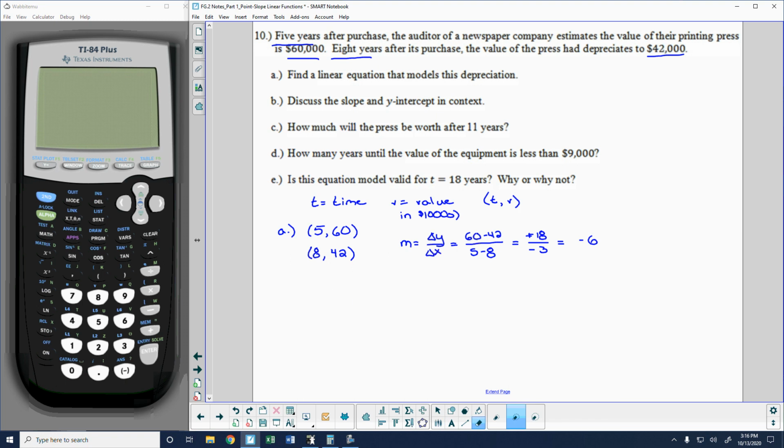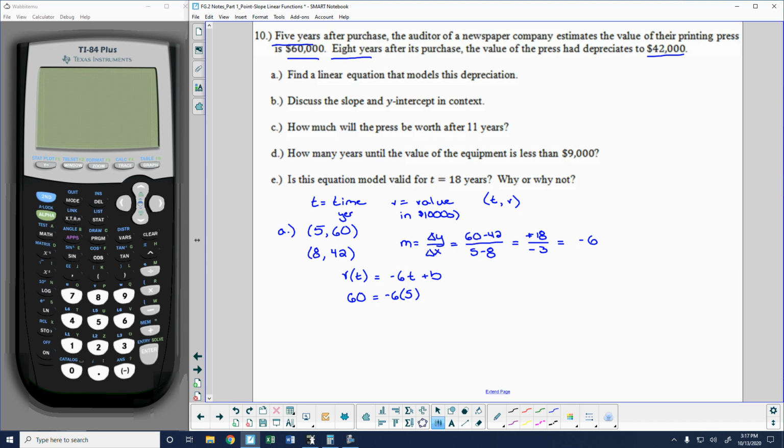Which means if I put this into slope-intercept form, let me go ahead and write this in function notation. Let v of t, so v is my y, t is my x, equal negative 6t plus b, and b is the y-intercept. So now if I want to find the y-intercept, I can take any of these points where I know v and where I know t. Let's say the value is 60, I can put that in. That would be when the time was 5 years.